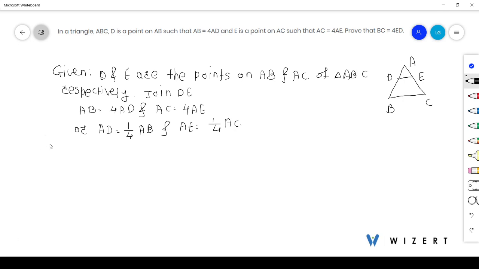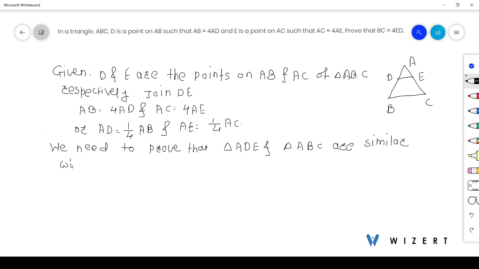Now here we need to prove that triangle ADE and triangle ABC are similar, where angle A is common in both the triangles ADE and ABC.